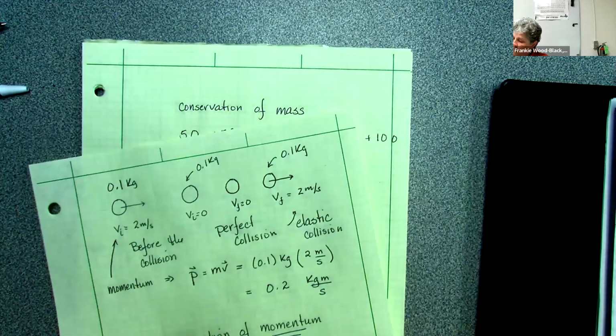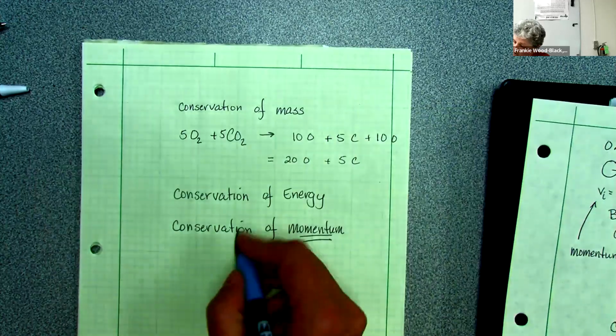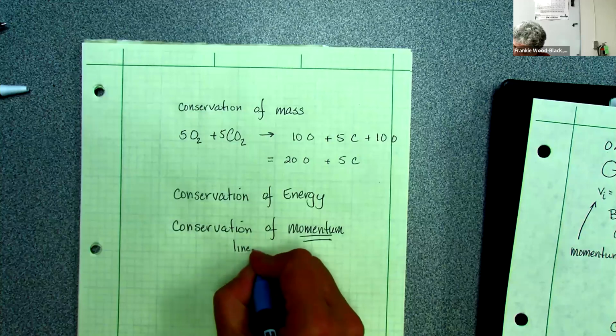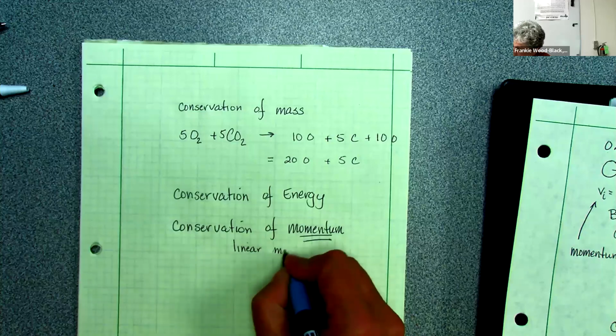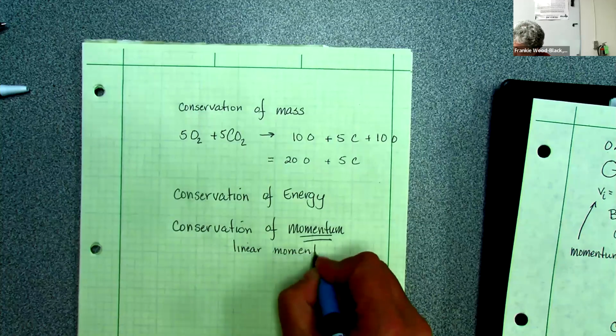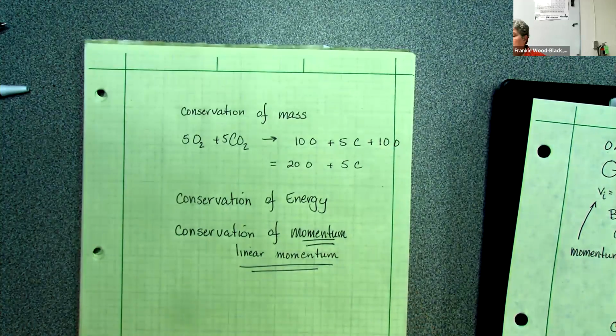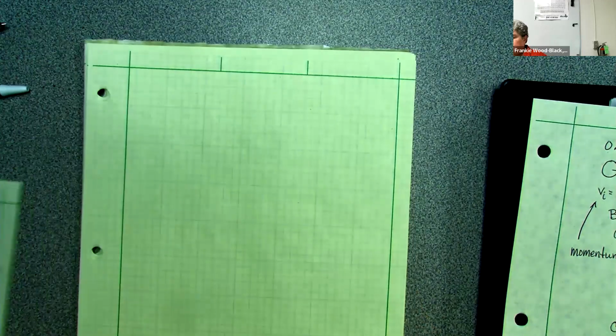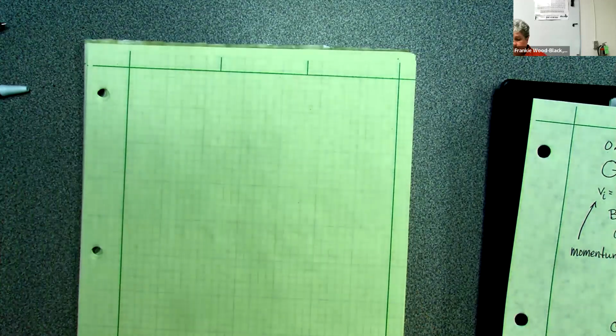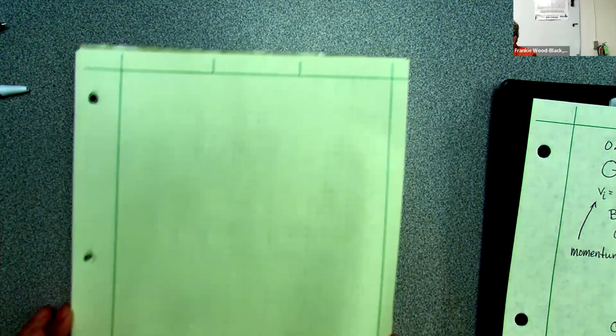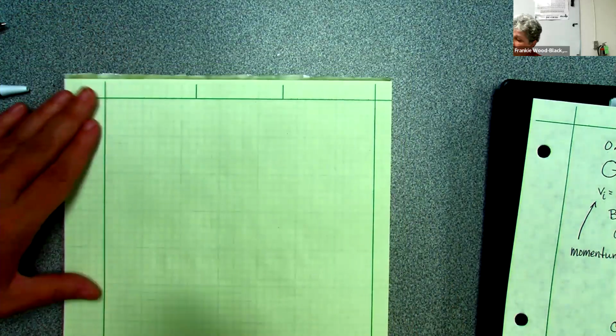This type of momentum is referred to as linear momentum. So I'm going to have linear momentum and I get conservation of momentum. So let's look at the types of collisions that we might have.